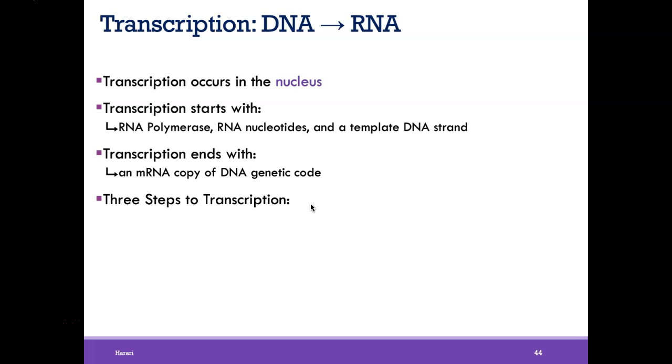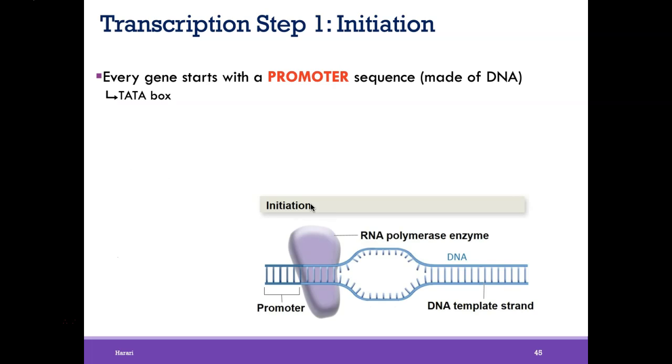There are three basic steps. There's initiation, elongation, and termination. We'll talk about each of those three now. So, step one of transcription is initiation. And this is important, so write this down. Every gene starts with a sequence of DNA called the promoter sequence.